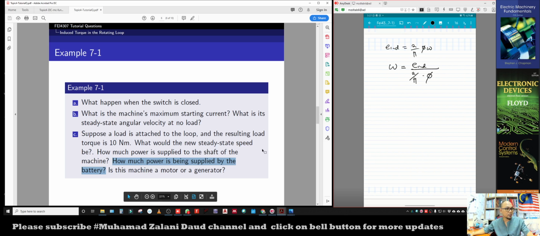Meaning that after some instant, the induced voltage will be equal to VB. We know that E_in equals VB when it achieves its steady state.